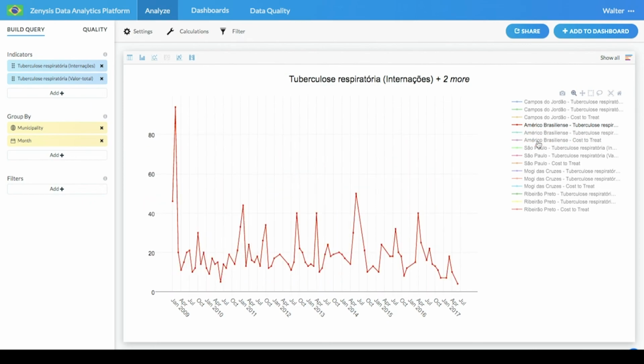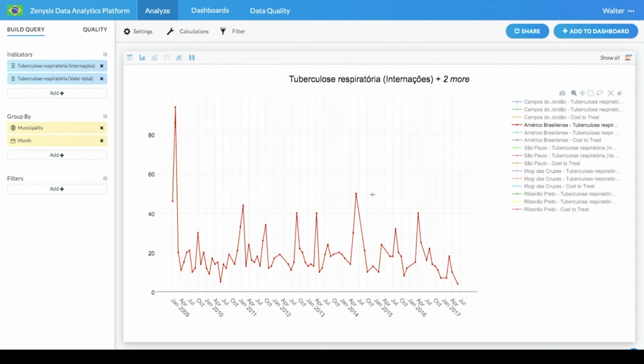outliers. And very quickly, by just turning on and off various information streams, we can then see that the report of 94 cases of respiratory tuberculosis came in on February 2009. That was an outlier. We can also see that on June 2014, that second outlier of 50 cases of respiratory tuberculosis came in.